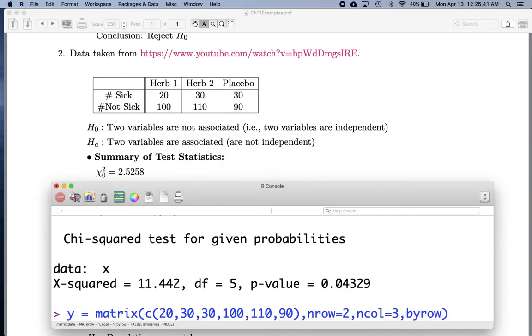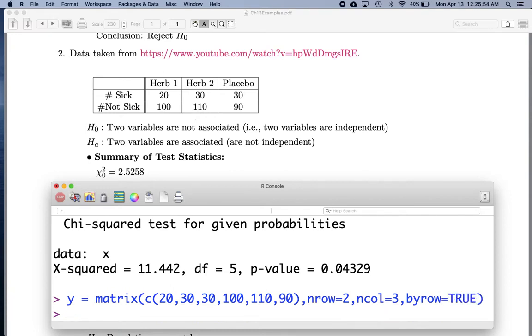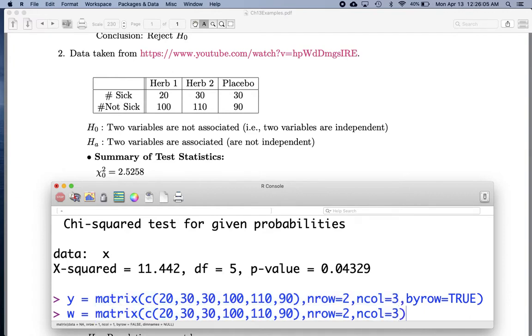Also, the last thing that we need is, I put in everything here by row. So I'm going to put byrow equals TRUE. If you leave that value off, I'll show you what happens. Let's call this value W. If I leave this value off, you get a different matrix.